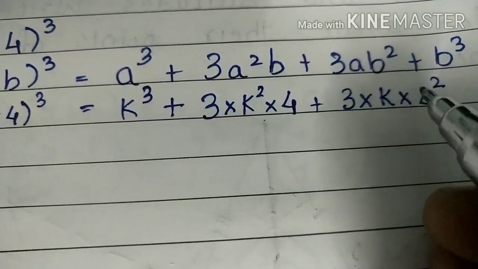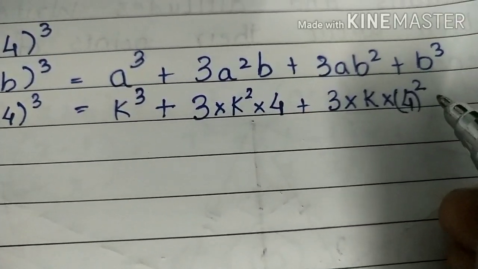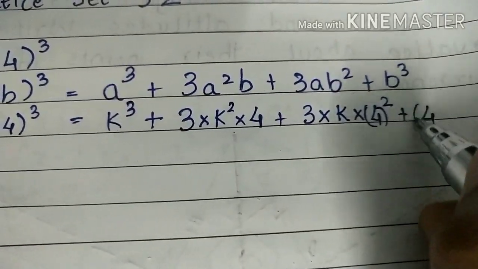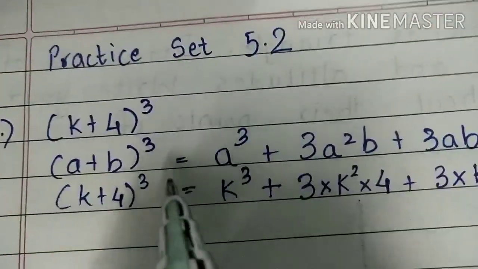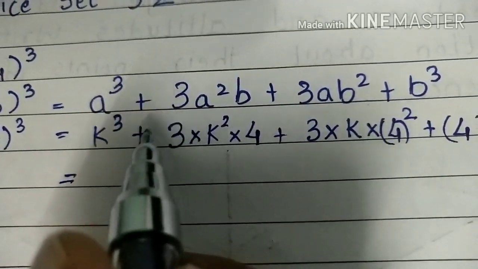You have to find the square of 4, plus 4 cube, that is b cube. In place of b there is 4. We are going to solve this and write.